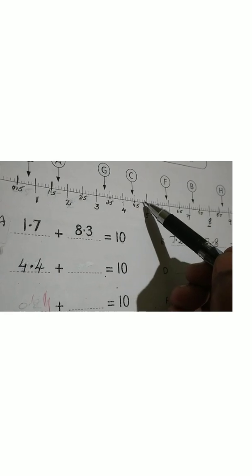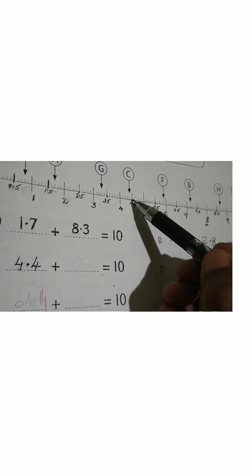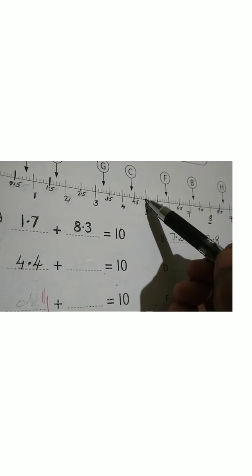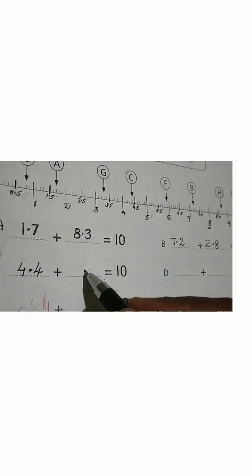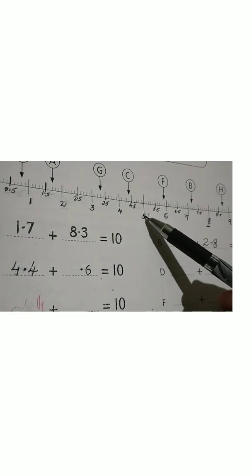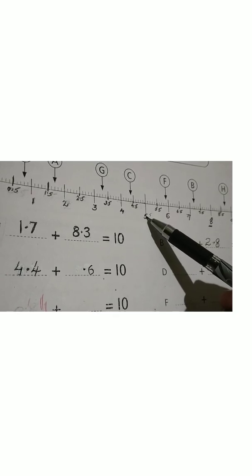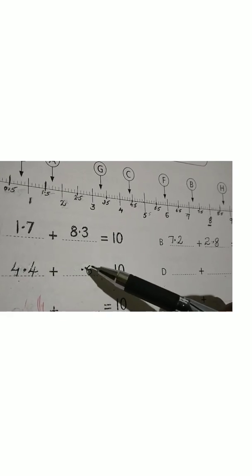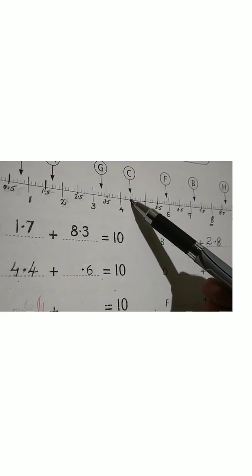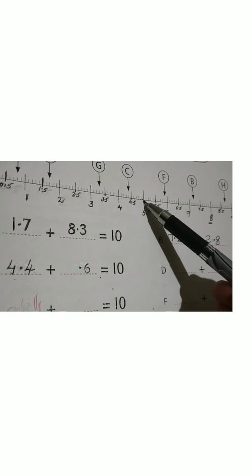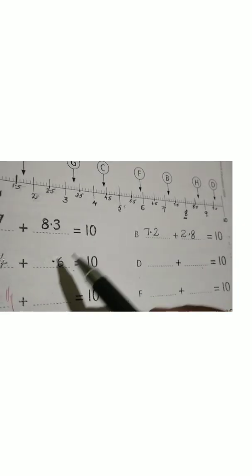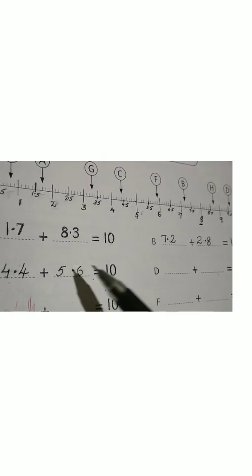Then count small lines: 1, 2, 3, 4, 5, 6. So 0.6. Then we can reach 5. That is 4.4 plus 0.6 equal to 5. 5 plus 5 is equal to 10 now. So 5 will be there.